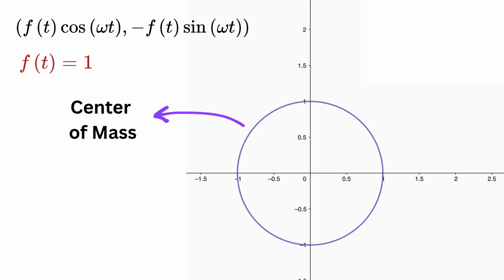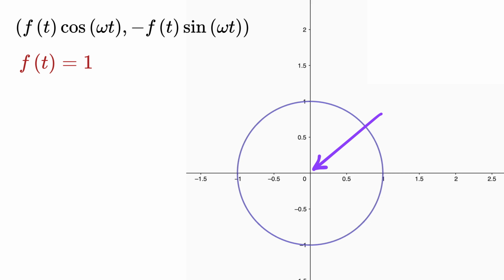So if we consider its center of mass, we see that it stays exactly at the origin. The contributions from all points around the circle perfectly cancel out in every direction. This symmetry shows that when the signal frequency does not match the rotation frequency omega, the net contribution is 0, which is why no peak appears in the Fourier transform at any frequency.